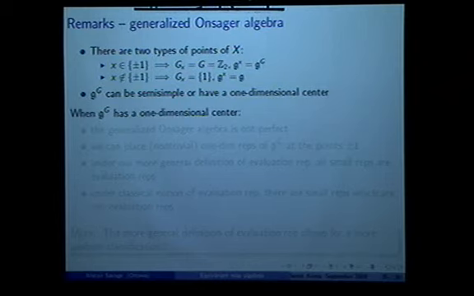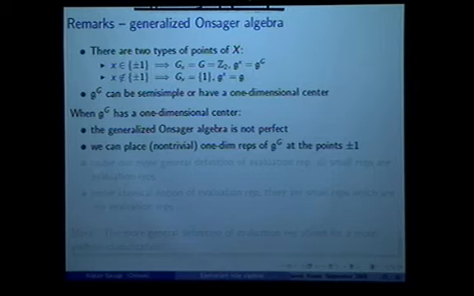When it has a one-dimensional center, then this generalized Onsager algebra is not perfect anymore. The reason it's not perfect is we can place one-dimensional non-trivial representations at these points plus or minus 1, where we have these one-dimensional fixed-point algebras. But under this more general definition of an evaluation representation, it's still the case that all the small representations are evaluation representations, because we're allowed to put representations of Gx rather than G at these points.